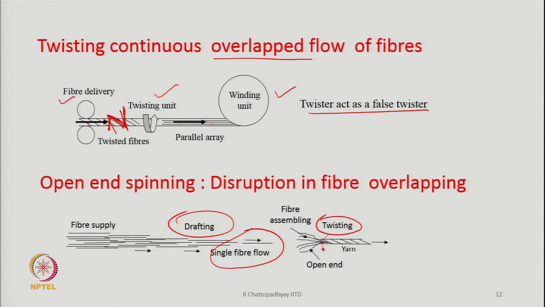If the twister is putting, let us say, Z twist in this direction, the twister will put S twist in this direction only, but in this direction as soon as the fiber arrives, the fiber will get assembled at the twisting point, and once the leading end of the fiber is picked up by the twist at the twisting point, the trailing end can rotate freely, and whatever S twist could be there on the trailing end, that will be lost.